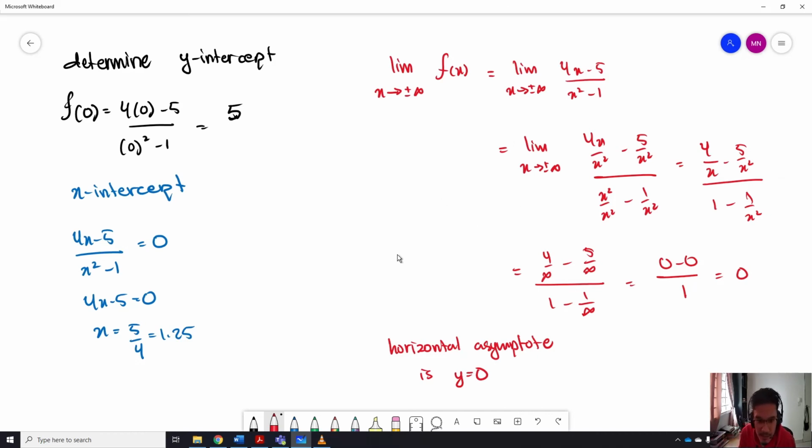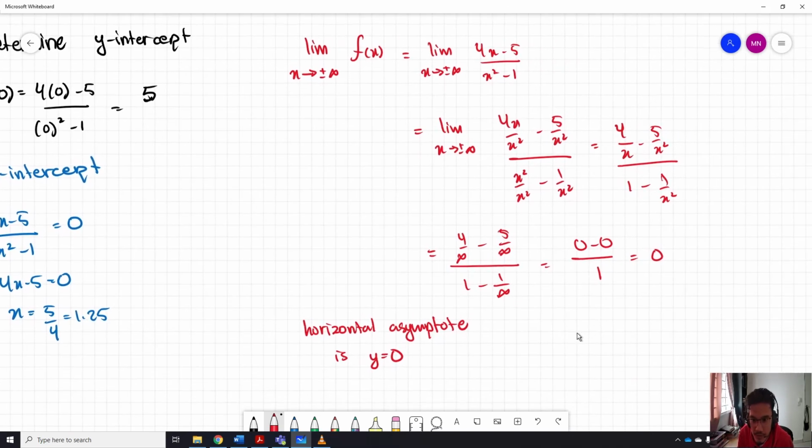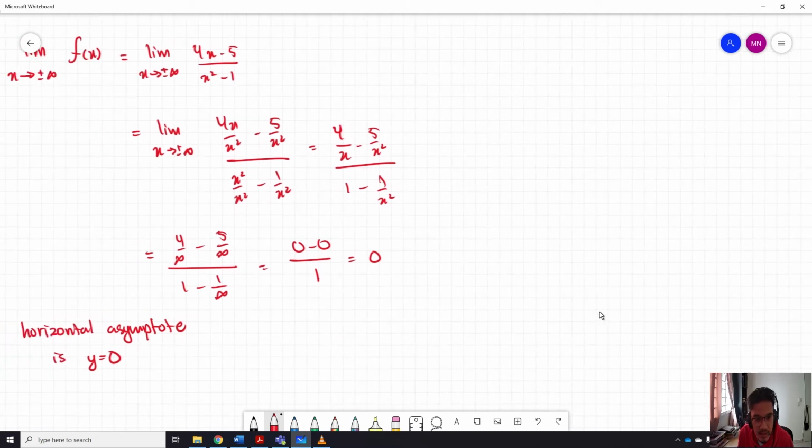Okay, since we already have all of the information that we need, we can sketch the graph.